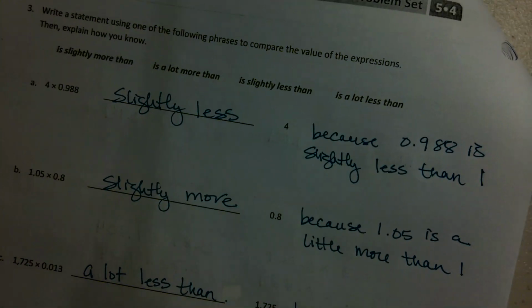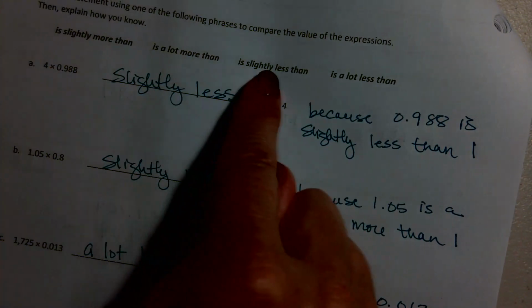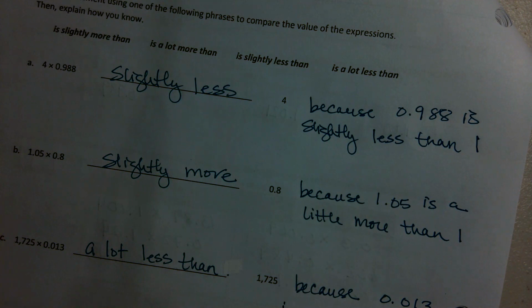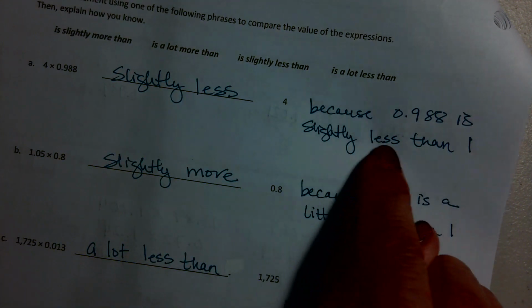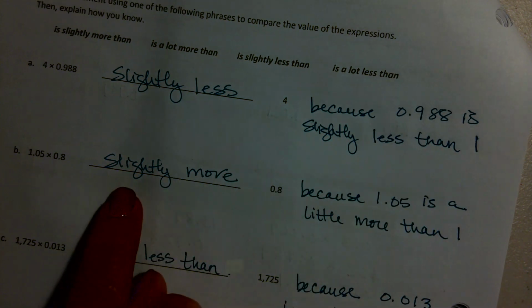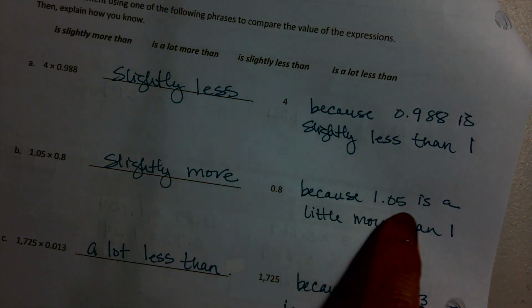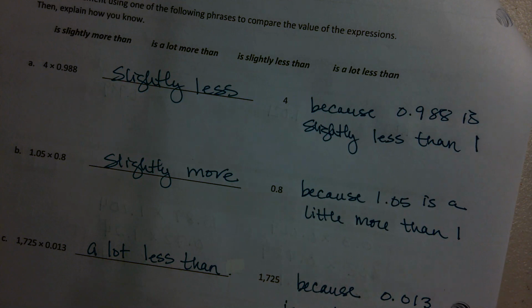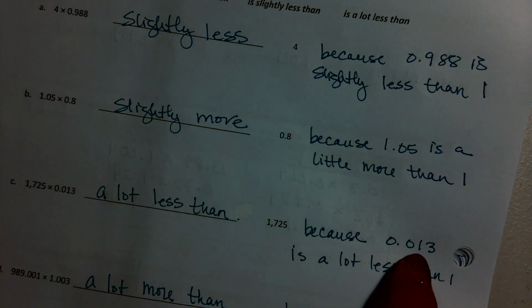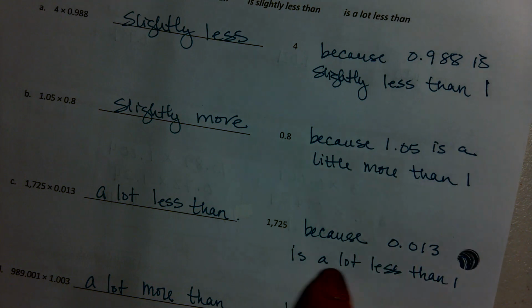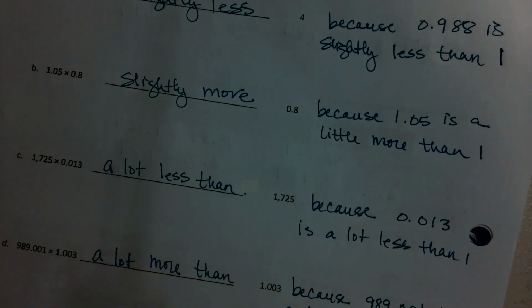Then you're supposed to use these little sentence frames to fill in the blank. Slightly less because 0.988 is slightly less than 1. Slightly more because 1.05 is a little more than 1. A lot less because 0.013 thousandths is a lot less than 1.